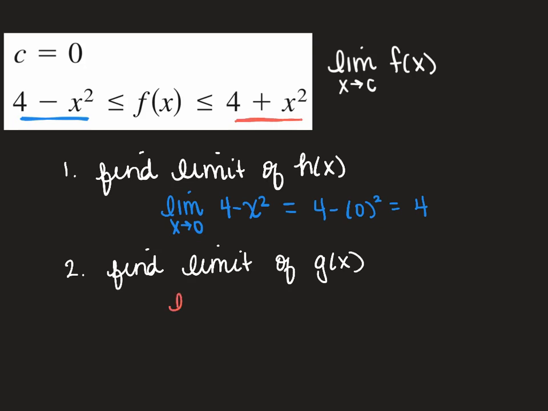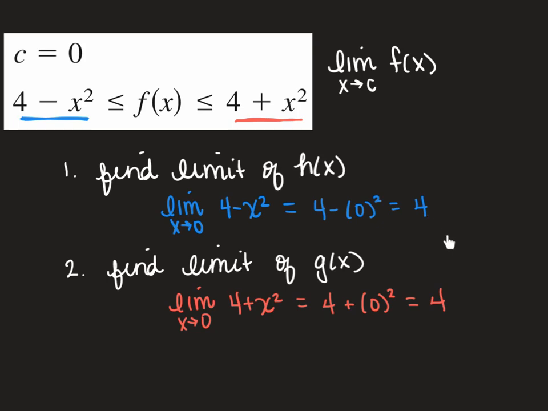So we'll do this one. We're going to find the limit as x approaches 0 of our g of x function, which was 4 plus x squared. So again, we can do this analytically, you could do this graphically, but now that we know analytically, we always try that first. Try that direct substitution. This works out for us. We get another 4.